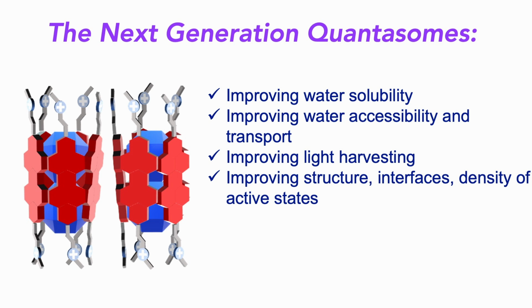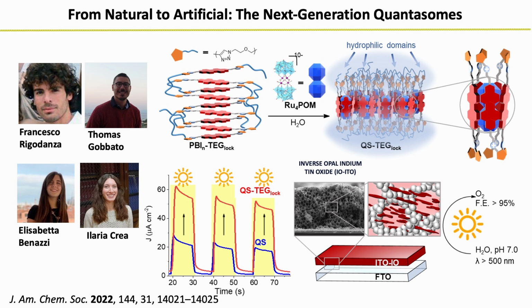So how can we improve this? I will be very, very fast, but you can surely understand that we have to improve the water solubility and the water access, and we have managed to functionalize the perylene antennas with this polyethylene glycol unit in order to create water channels. With these water channels, the photocurrent is really improved.